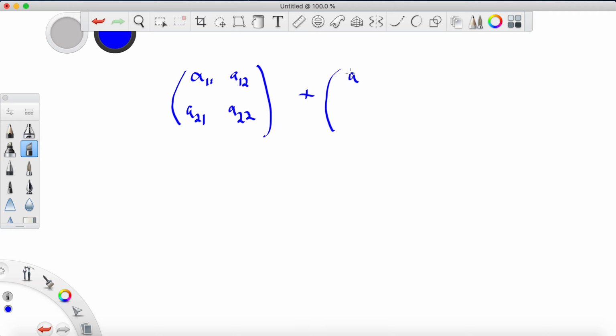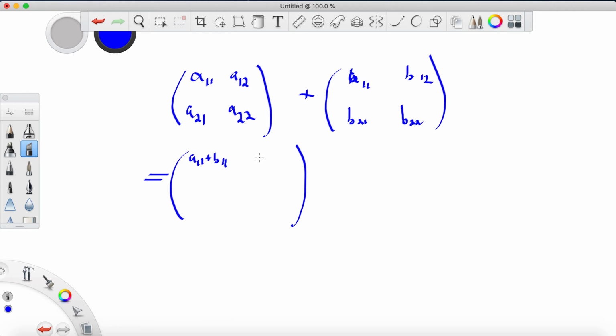I'm going to add these two matrices, A and B, and let's think about why the addition is commutative. The reason it's commutative is because of the way we defined addition. We defined it pointwise. In other words, I'm going to add those two elements, and then I'm going to add these.